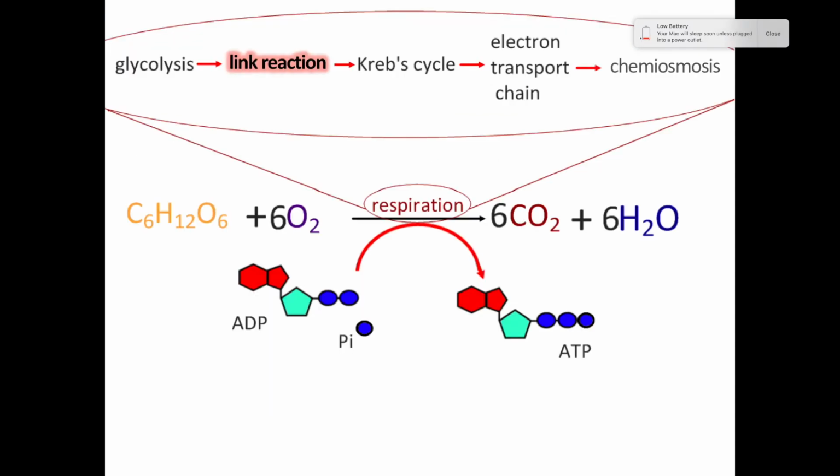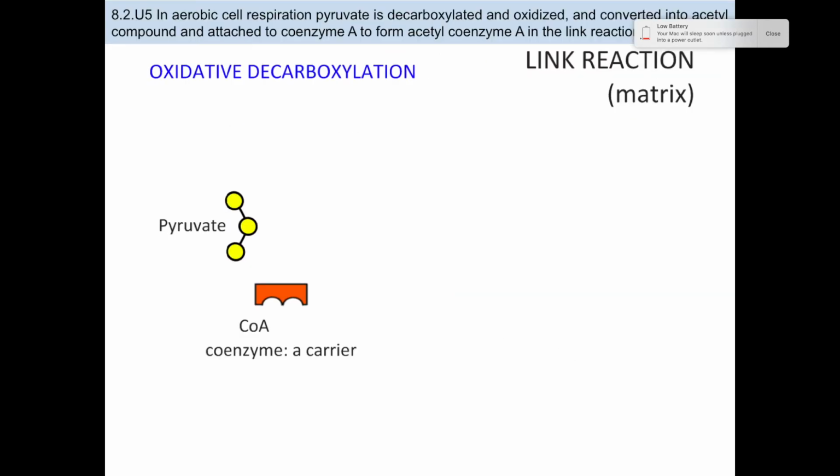Good. Next, link reaction. So for SL, the only thing they need to know for link reaction is it either becomes lactic acid, alcohol, or carbon dioxide. For us, we need to look at steps. All right. So for the link reaction, the process is called oxidative decarboxylation.